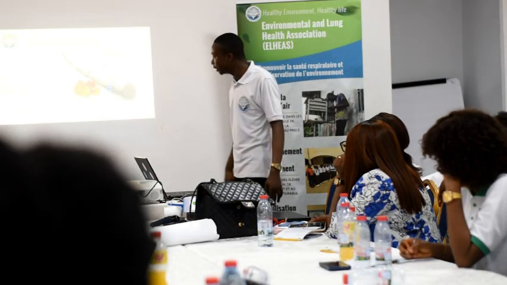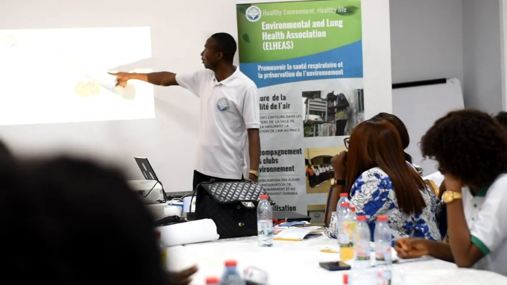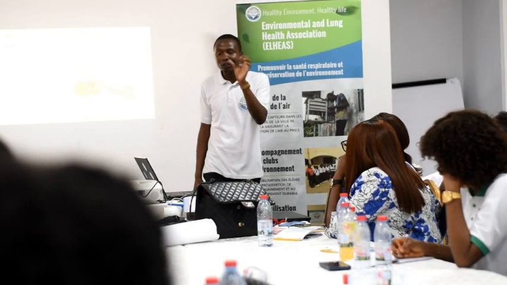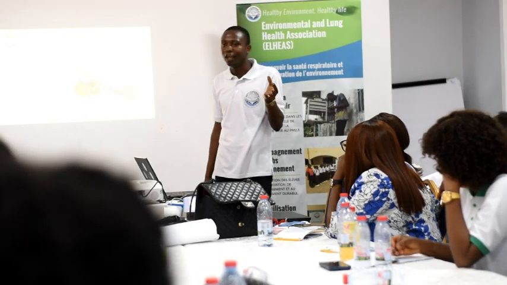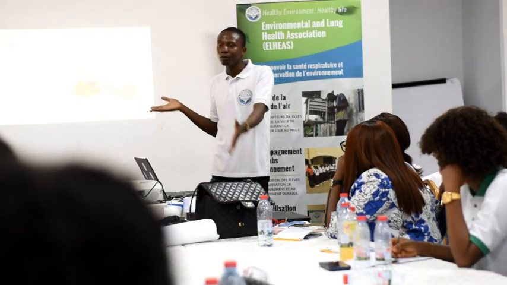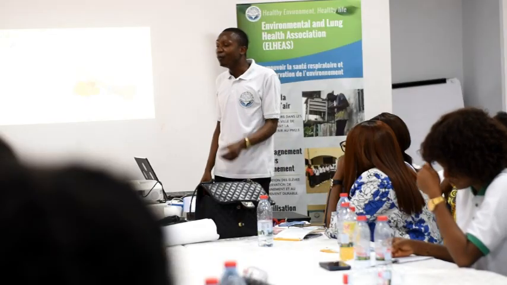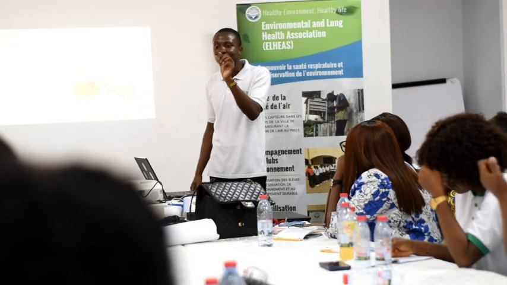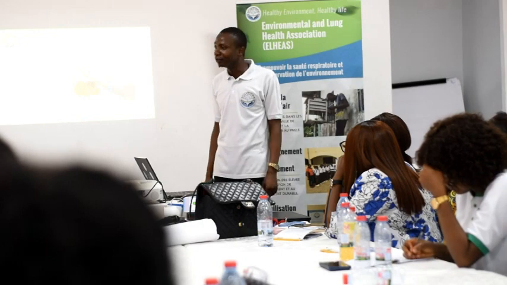As you were saying in the morning, this is PM 2.5, with a diameter of less than 2.5. So your machine that will measure particulate matter will measure any particle with a diameter of 2.5 or less.